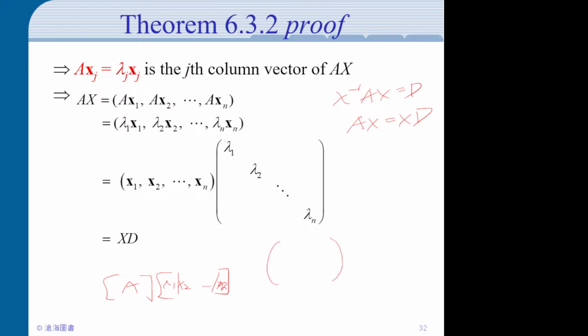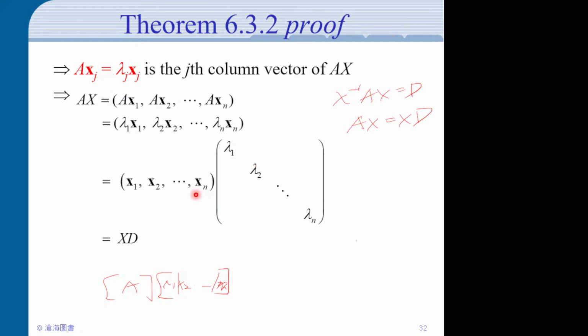So you have X, and then you have the diagonal matrix lambda 1, lambda 2, lambda n. Then the first column will get multiplied by the first entry, etc. It doesn't say much, but you can check the rule yourself and see this is true.